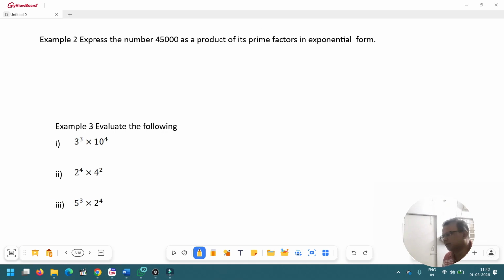Now consider the next example. Express the number 45,000 as a product of its prime factors in exponential form.